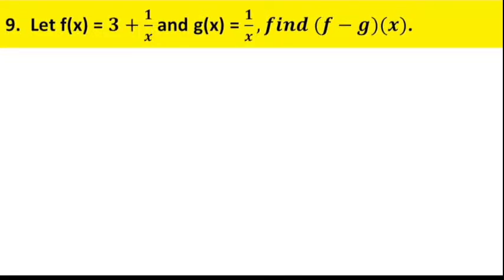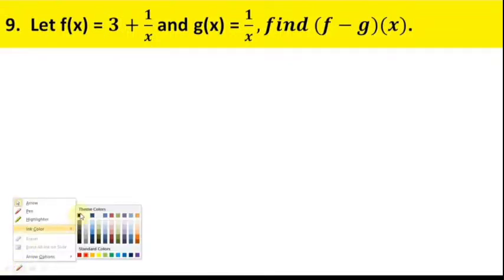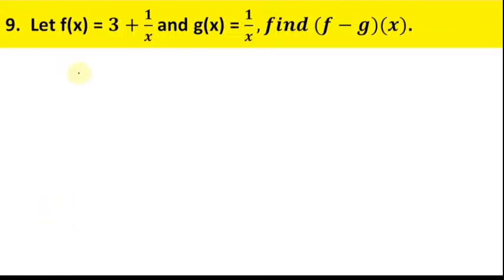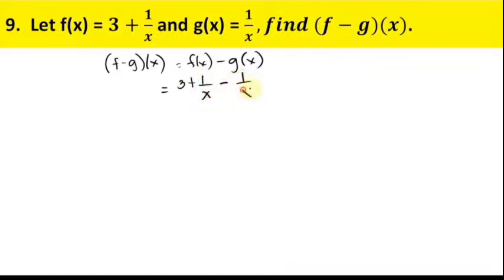For number 9, so formula, f minus g times x equals f of x minus g of x. So equals, ang f of x is 3 plus 1 over x subtract 1 over x.